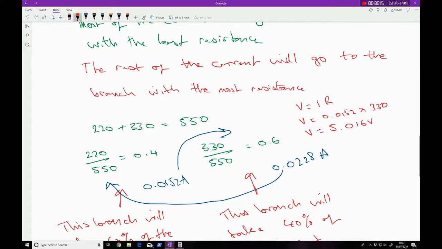And on this side, V equals IR, V equals 0.0228 times 220, and V should also be about 5. You can test this out on the calculator. Times 220, and it's the same exact voltage.